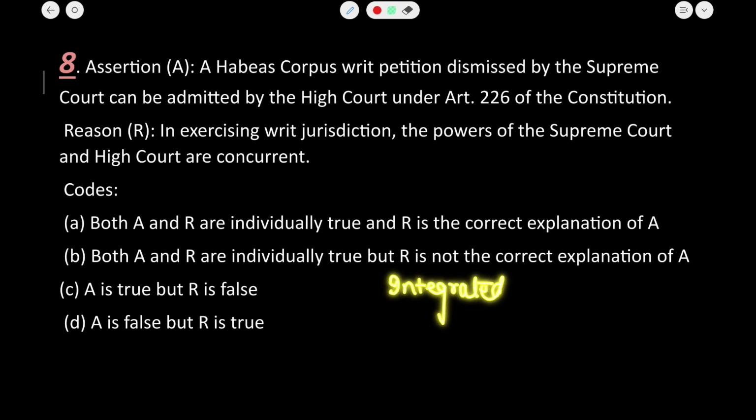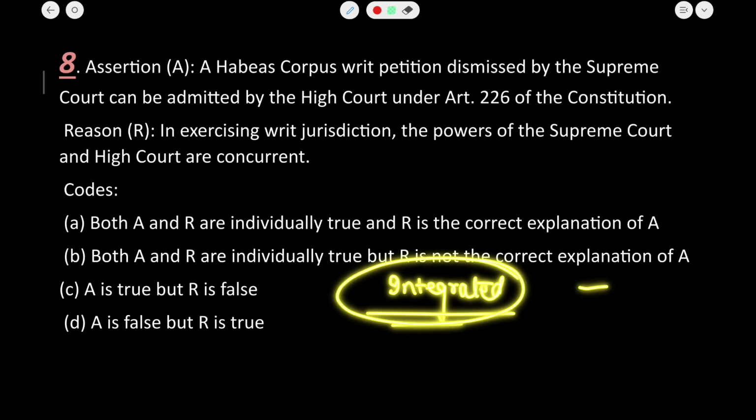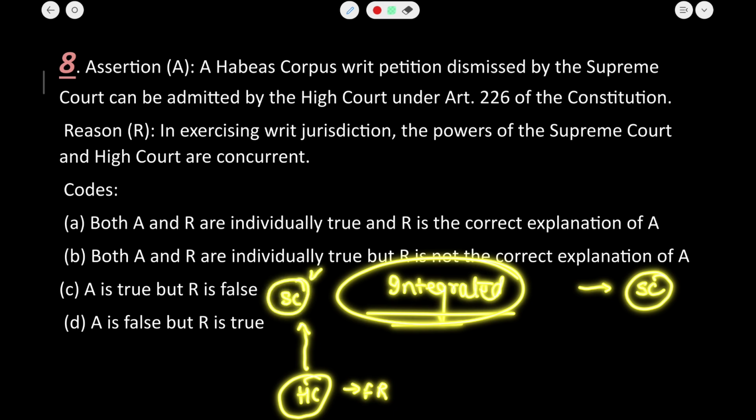So, a person may not necessarily go to Supreme Court first, but he may go to the High Court first for implementation of the fundamental rights. Then again, if the judgment is not in favor of the applicant from the High Court, then he can move to the ultimate interpreter of the Constitution, that is the Supreme Court of our country.